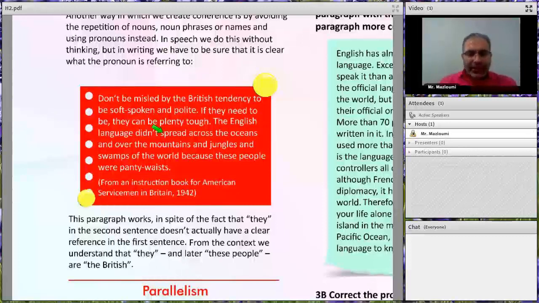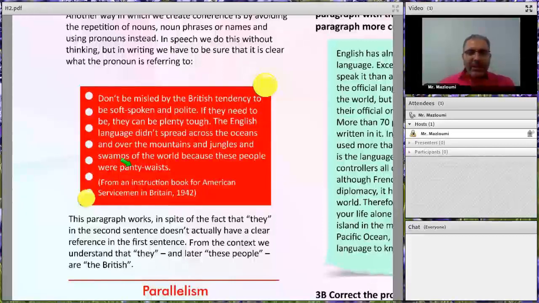When a language spreads, it means it is used by more and more people. Swamp means an area of very wet, soft land.